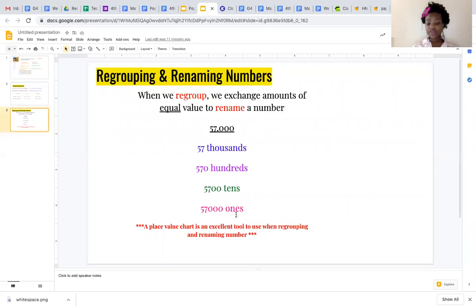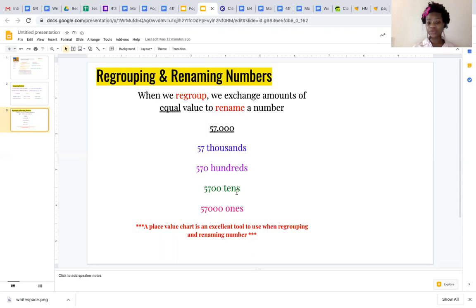Starting with the ones place, we need 57,000 ones in order to have 57,000. We need 5,700 tens in order to have 57,000. We also need 570 hundreds in order to make 57,000.